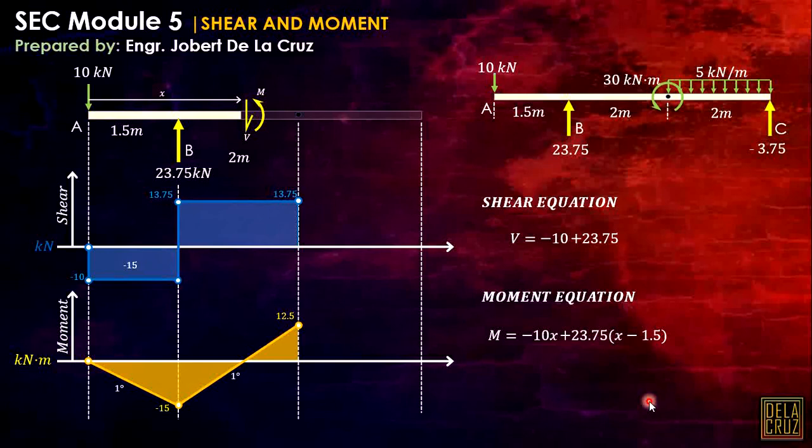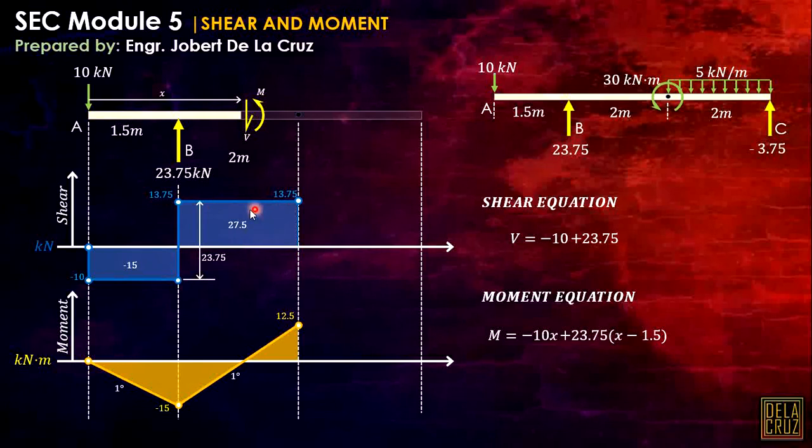Now, another important thing here is we will use the area method, or the principle that we made earlier. This area here is just equal to the abrupt change in moment between these 2 points, from point B to that point. So the area here is just 2 times 13.75, a rectangle.